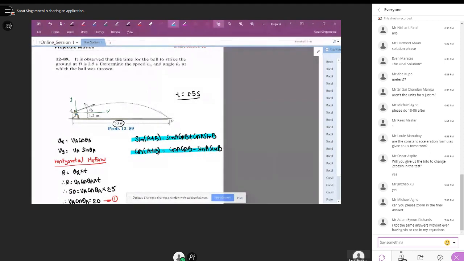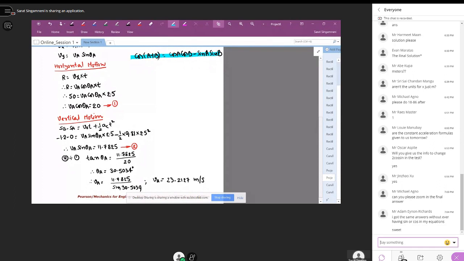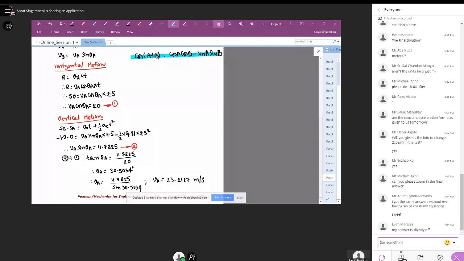If you can see, there are so many different ways you can solve these problems. As long as the solution is correct, you can use any method. I just solved it in a method that most students in the class can understand.